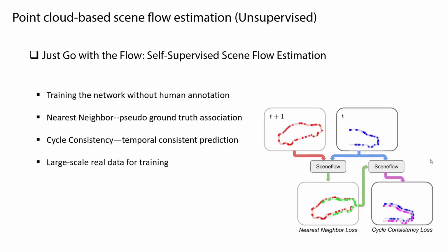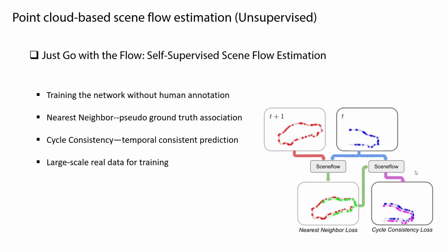The method introduced in this slide is called Just Go with the Flow. It utilizes two self-supervised losses called the nearest neighbor loss and the cycle consistency loss. The NN loss considers the nearest point to the predicted translated point as the pseudo ground truth association. In other words, the NN loss pushes one point to flow toward occupied regions of another point cloud.